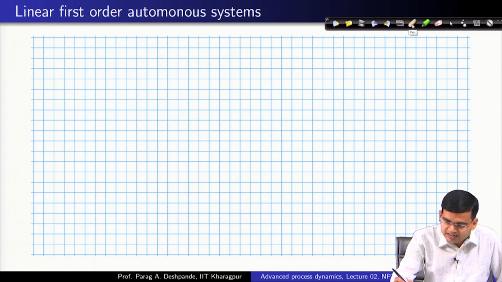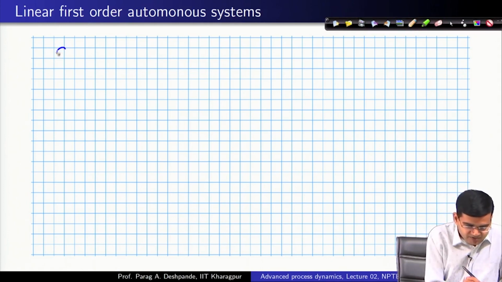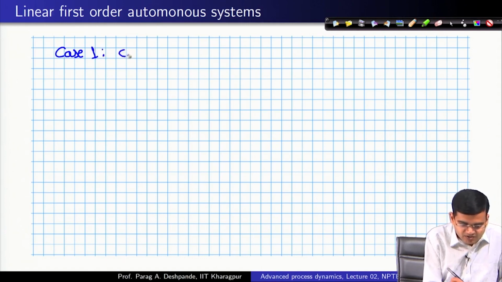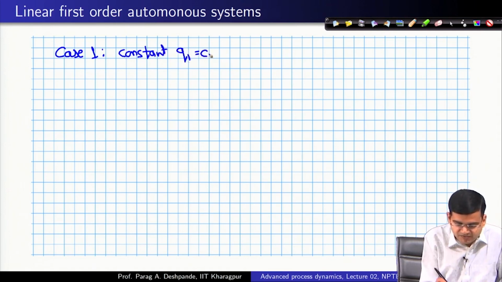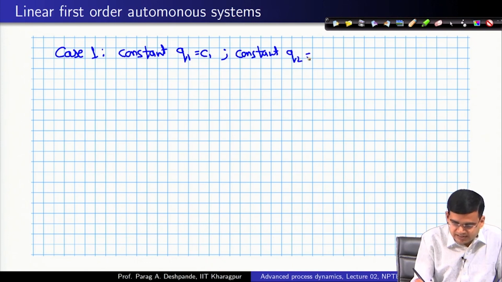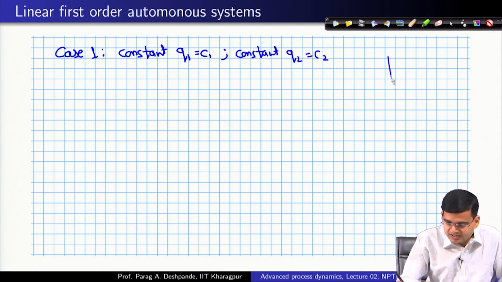So, case 1. Case 1, you have constant q 1, let us say that constant is equal to C 1, and constant q 2, let us say that constant q 2 is C 2, and let us remember that our system is like this, q 1, q 2, and this is the height.